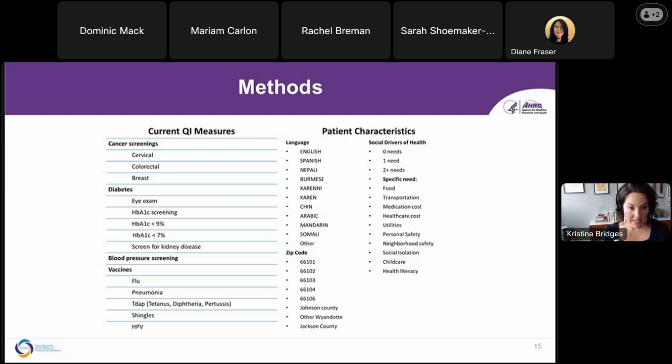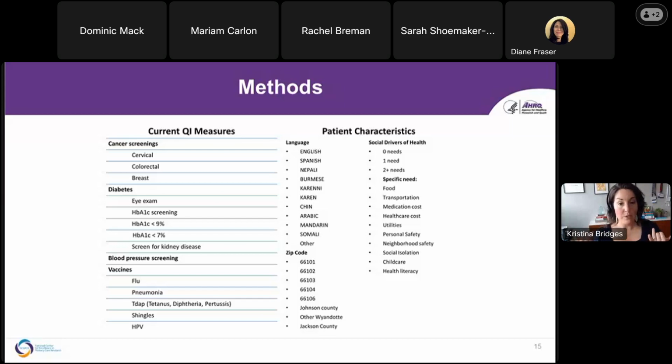Johnson County and Wyandotte County are in Kansas, and Jackson County is in Missouri. Between Johnson County and Wyandotte, there's a huge income gap and also a health outcomes gap. Wyandotte County typically represents the worst health outcomes in the state of Kansas, so we have 5 zip codes there in Wyandotte County, the 661 zip codes that we look at in particular.